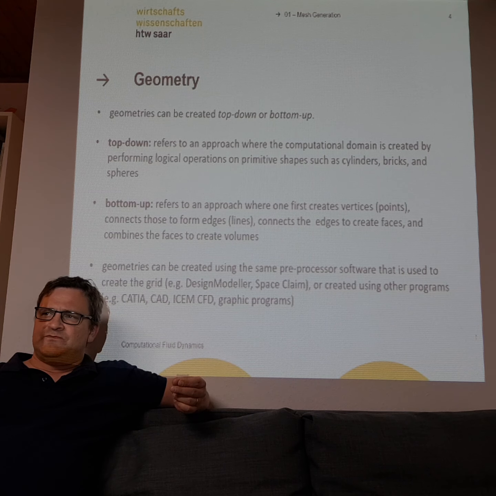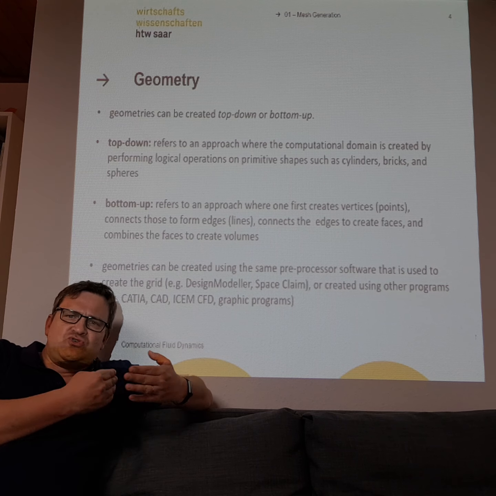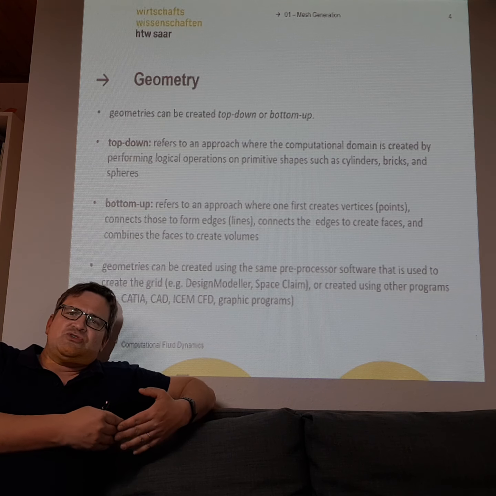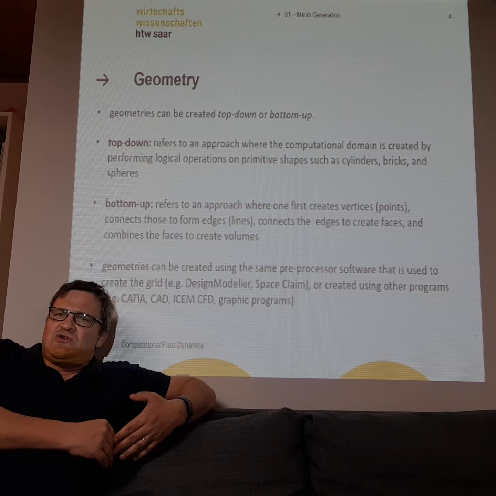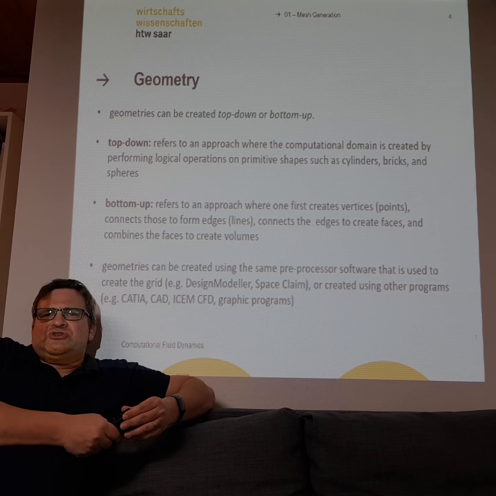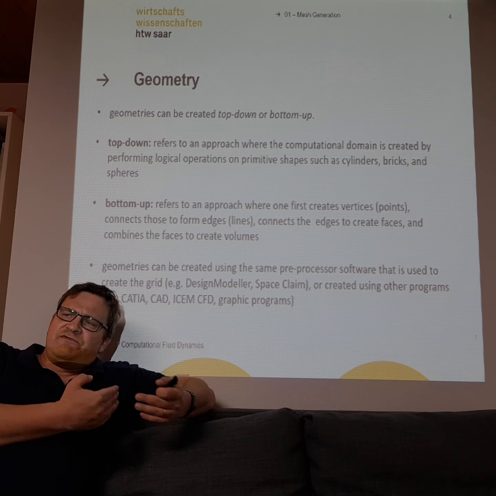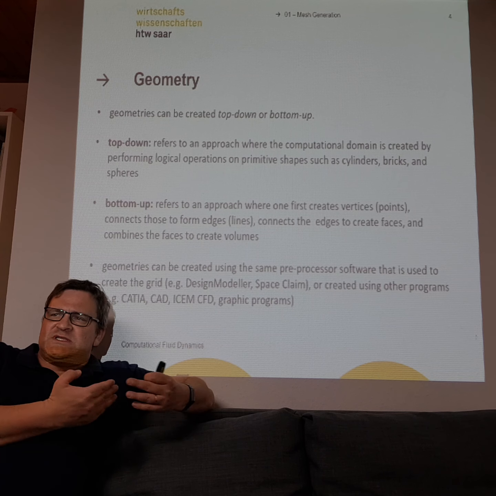So that's geometry. If you want to do a CFD simulation, you have to create the geometry. And you can always build your geometry from top down or from bottom up. What does this mean?